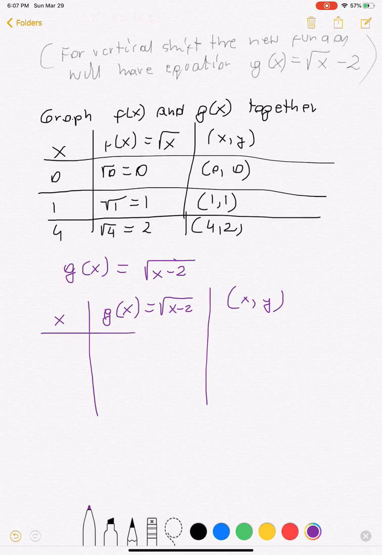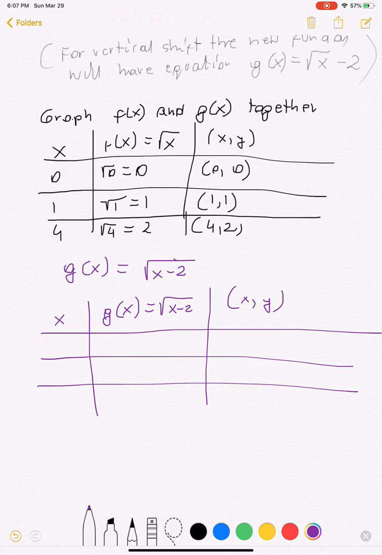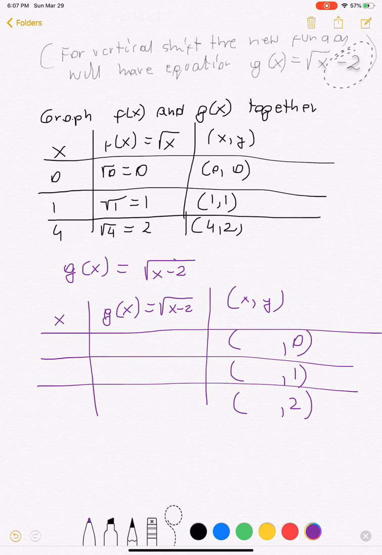With horizontal shift, it's going to be the opposite of vertical shift. We're going to have the same y coordinates as the original graph, which means 0, then 1, and 2. So the height of the graph is not going to change, however the x values will be different. A couple of things about horizontal shift: everything that involves x works opposite. If you see a negative, that means we have to push the graph 2 units to the right. If you have a plus, that means you need to push the graph to the left side.